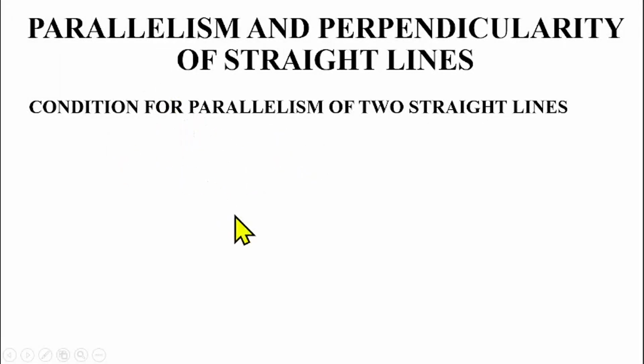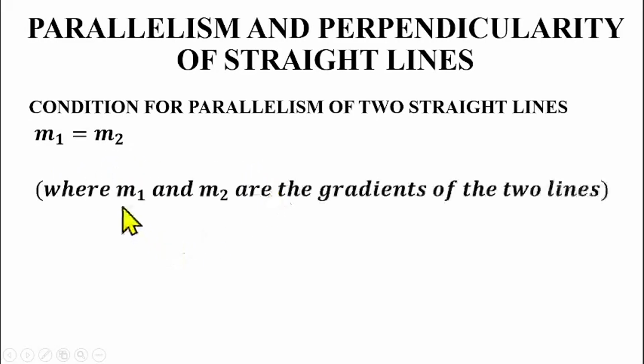So m1 equals m2, where m1 and m2 are the gradients of the two parallel lines.